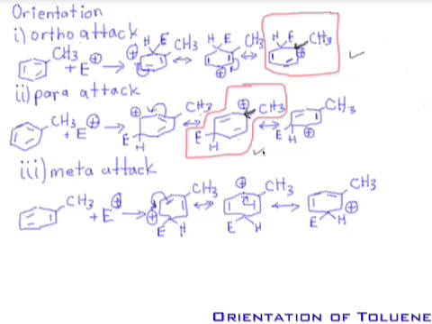Hence, the ortho attack and para attack resonance stabilized substituted benzenonium ions are more stable than that of meta attack because the positive charge never ends up next door to the inductive electron donating methyl group in the meta attack case. So once again, ortho attack and para attack is favored. It's not as stabilizing as resonance and further delocalization, but there's still a stabilization factor.